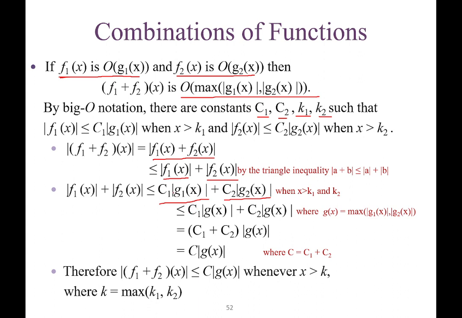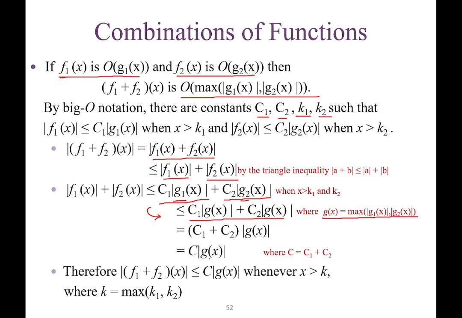Then we can write these terms as less than g of x as the maximum of g1 or g2, because we have g1 here and g2 here. Once you choose which one is larger, these terms will be less than g times C1 plus g times C2.